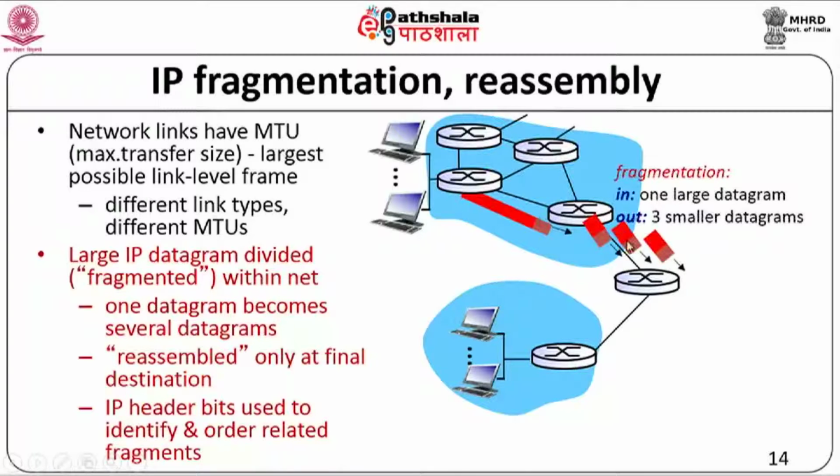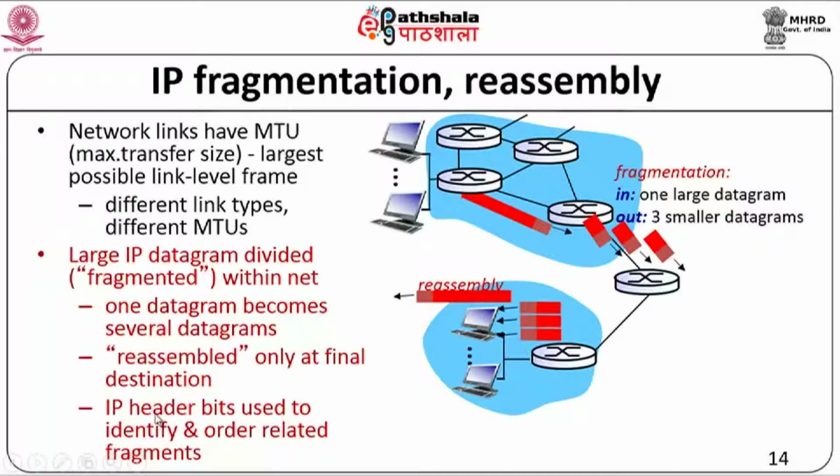So, one packet coming in goes out as 3 different datagrams in this case, and it will go through the routers as 3 different datagrams, and at the final destination it will be reassembled to form a single datagram message. At the end machine it is reassembled.